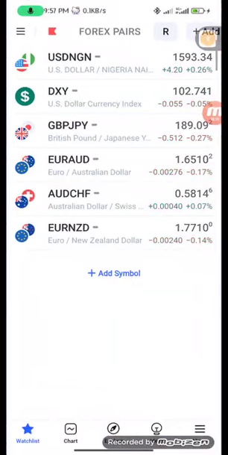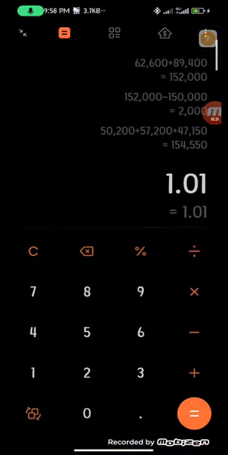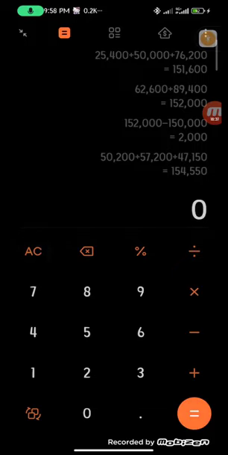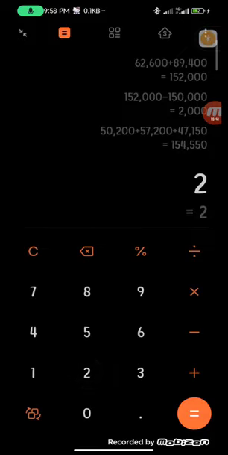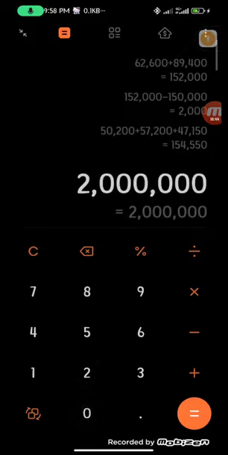Now imagine you want to trade that kind of thing. Let's say you buy a US dollar at the rate of $1 and it appreciates by 0.1. You now sell it, and the profit you are making is $0.1, which is very small. So for you to make enough profit, you will have to buy something like $2 million worth.